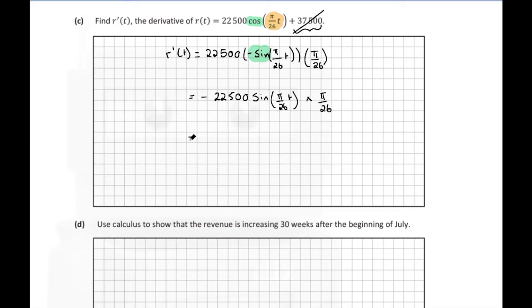So I could write it out further as minus 22500 all over 26 multiplied by pi, and then my sine of pi over 26t, like that. And I'm then going to divide. I can simplify that. I can divide them, and I'm going to get minus 11250 all over 13 pi sine of pi over 26t.